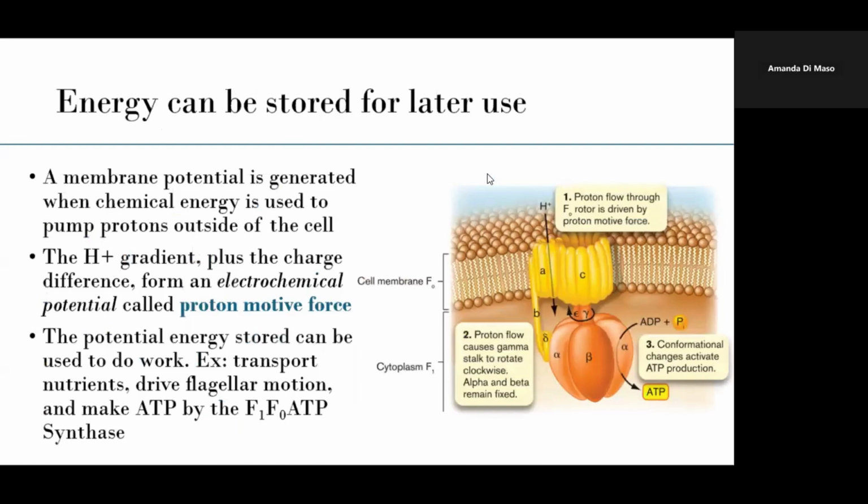All right. Now, let's talk about energy again. We're going to kind of cross back to what we talked about before with membranes, but we're adding on to it now. So energy, as we said, can be stored in gradients across the membrane for later use.